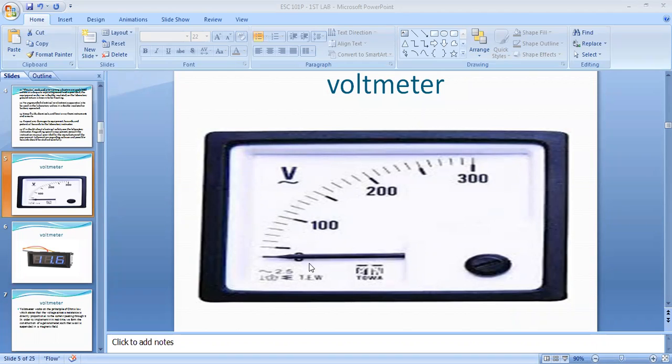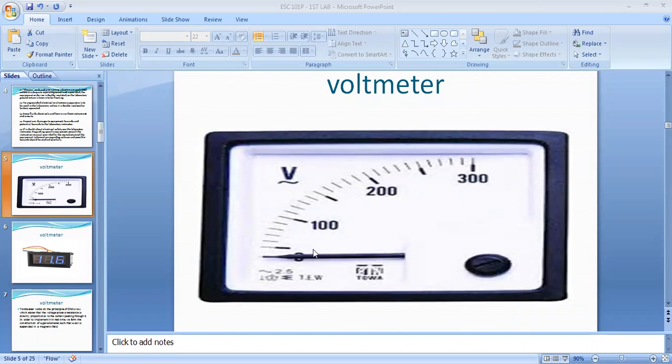And what is the scale of this meter? The scale of this meter is 0 to 300. Between 0 and 300, this meter can measure the AC voltage. It can't measure a voltage which is above 300. Remember this. And this is also an analog type of meter, like our wristwatch or wall clock.